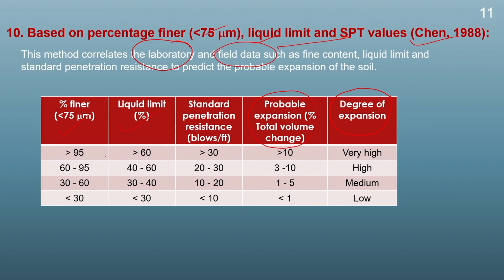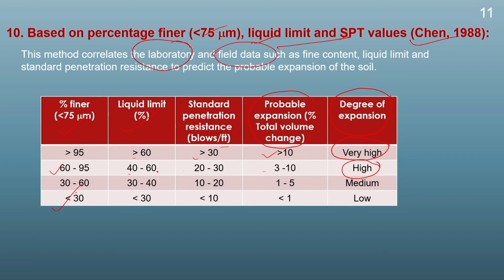If the percentage finer is greater than 95%, the liquid limit is greater than 60%, and the standard penetration resistance is greater than 30, the probable expansion of the soil will be greater than 10%, and the degree of expansion of the soil can be termed as very high. Similarly, if the percentage finer is between 60 to 95%, the liquid limit is 40 to 60%, and the standard penetration resistance is between 20 to 30, then the probable expansion will be 3 to 10%, and the degree of expansion can be termed as high.